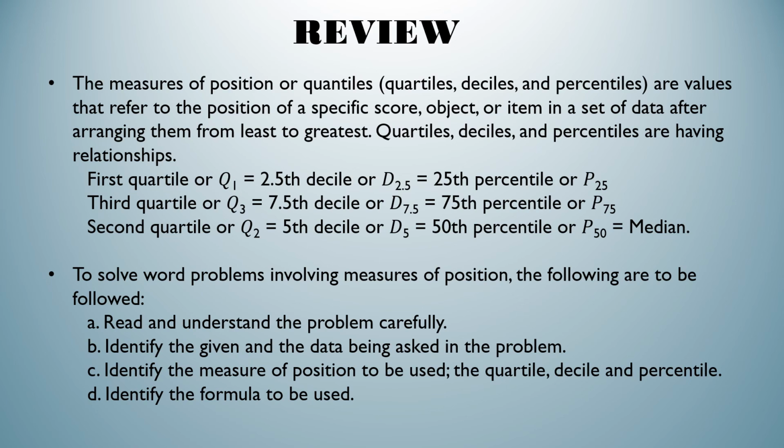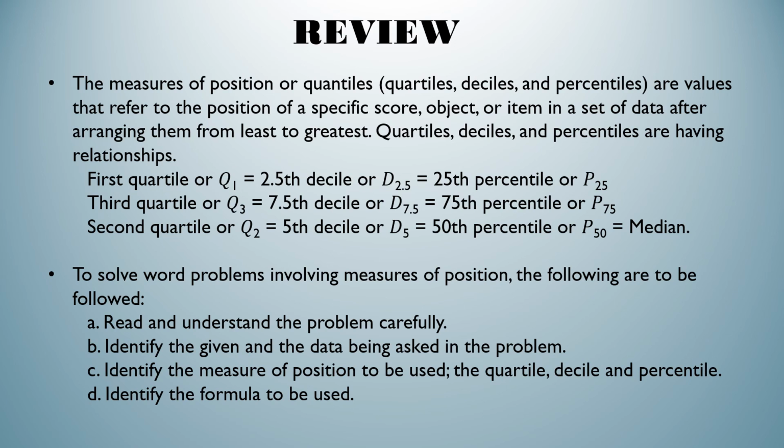Third quartile, or Q sub 3, is equal to 7.5 decile, or D sub 7.5, is equal to 75th percentile, or P sub 75. Second quartile, or Q sub 2, is equal to 5th decile, or D sub 5, is equal to 50th percentile, or P sub 50, which is also the median.